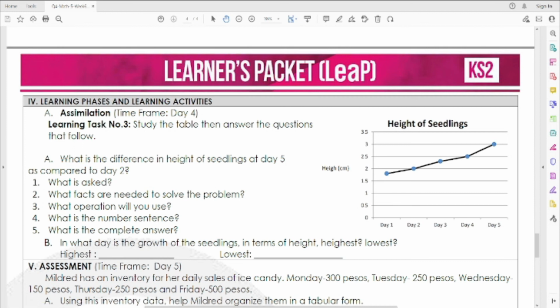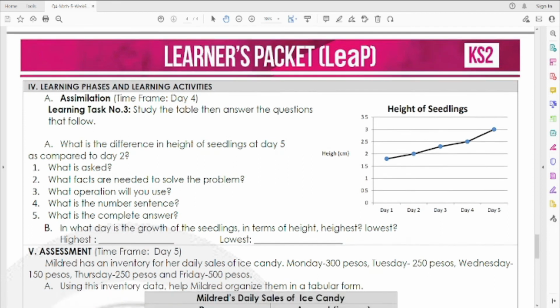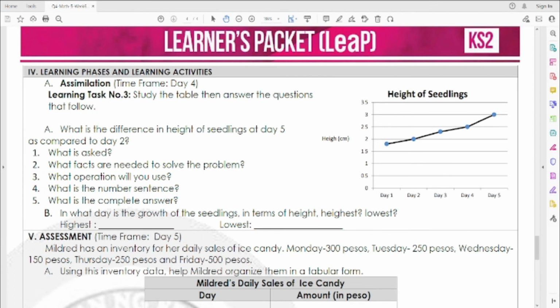Then what facts are needed to solve the problem? What operation will you use? What is the number sentence? What is the complete answer? B. On what day is the growth of the seedlings in terms of height highest, lowest? You will write here the highest, here the lowest.